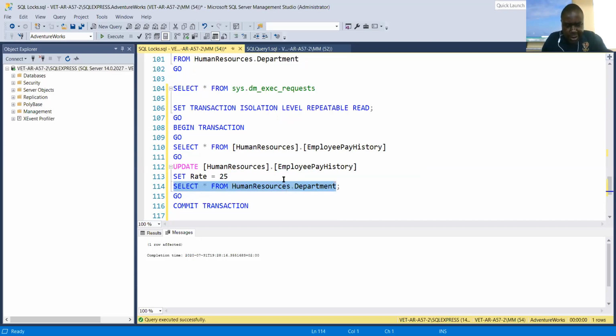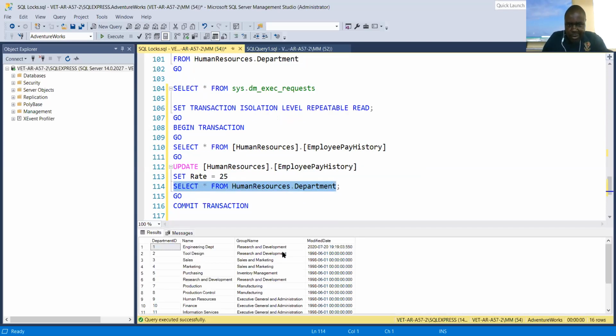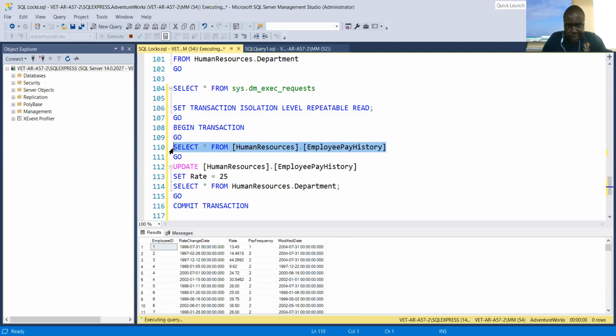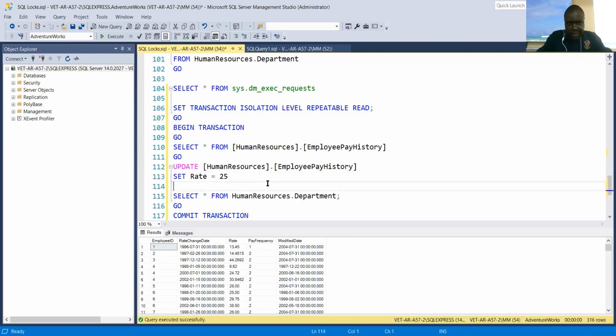If I execute that, this is the department, and there is also this one. You see the pay rate, there are different values. I'm going to update all of them. Let me just update for one of them so that I can easily reverse.